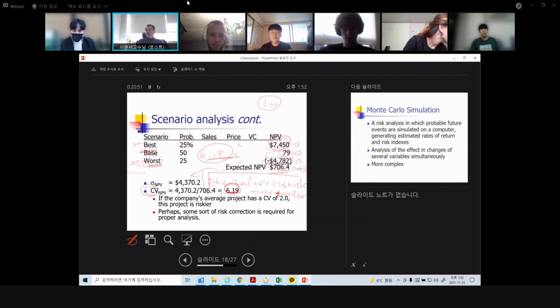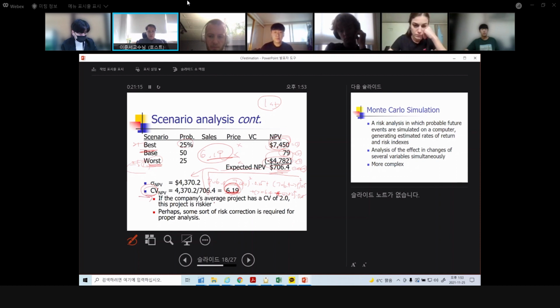And finally, why did we calculate the CV of this specific project? Because we need to consider whether or not we should adjust the riskiness of this cash flow stream. Okay, so here you go.